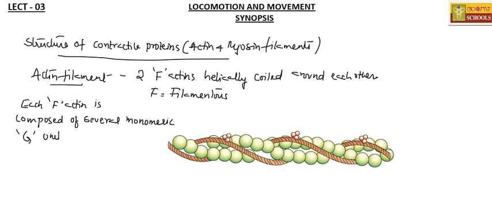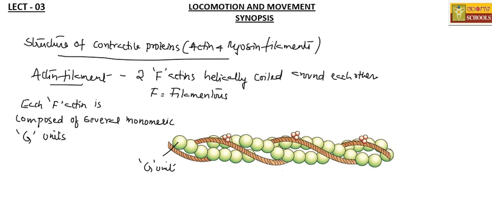You can see this is a G unit, and this is another G unit, and you can see many G units linked one to one to form a long F actin. So that is a filamentous actin molecule, right?